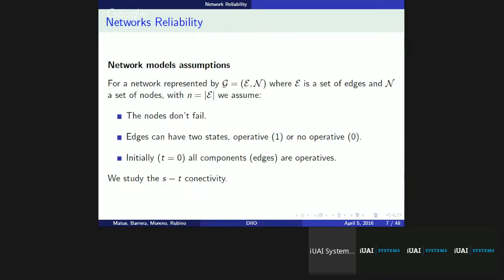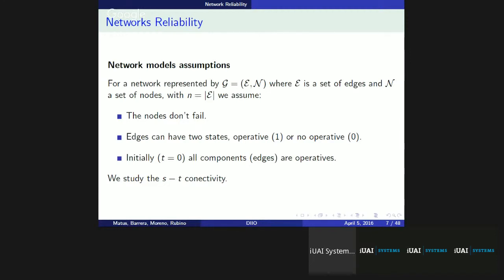And the third is that at the beginning, all the edges are operative. The edges are the components of the system, and the nodes are the other element of the telecommunication network. And we are studying, at this moment of the work, the ST connectivity. That is, the system is operative when I have a path between node S and node T.